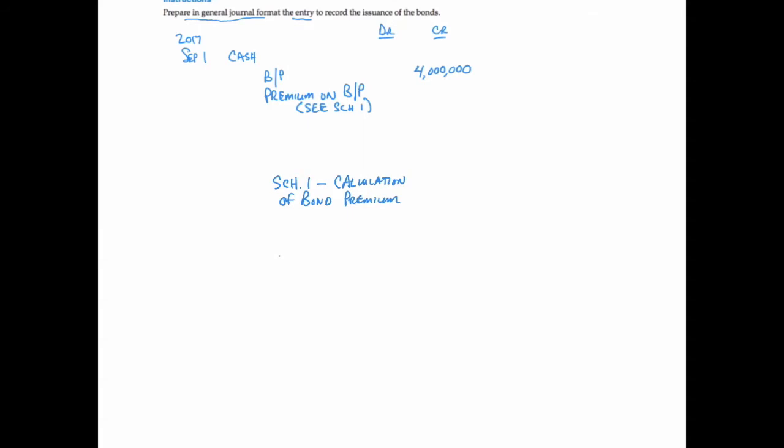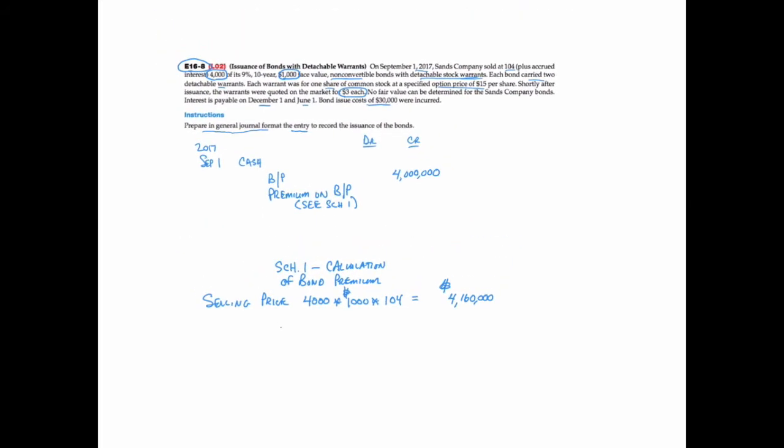The bond premium is going to be the excess of the selling price of the bonds. That is, we have 4,000 bonds times $1,000 times the selling price of 104, stated as a percentage, and we get 4,160,000. Then we had these bond issuance costs.